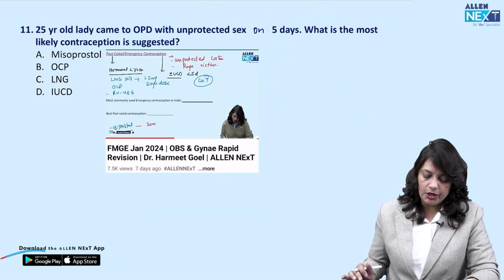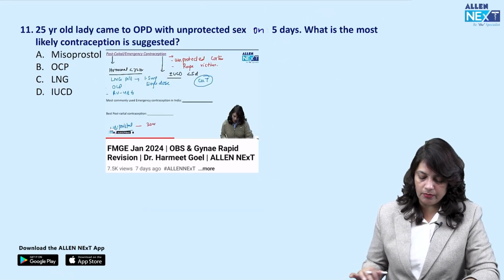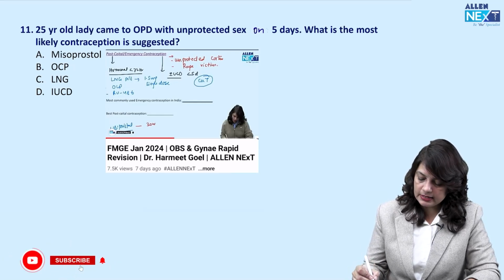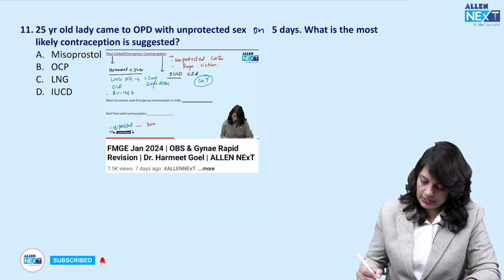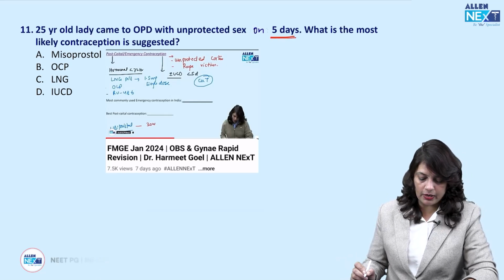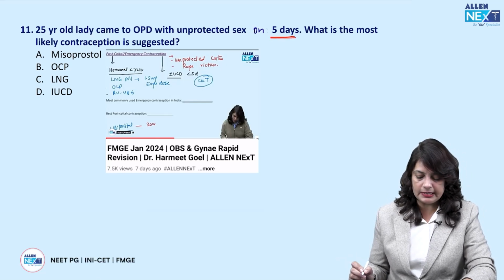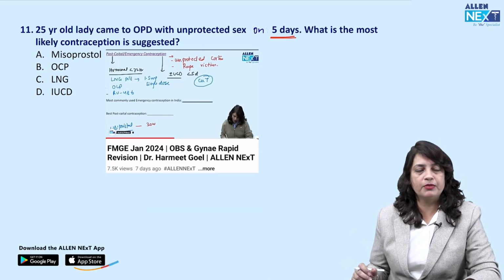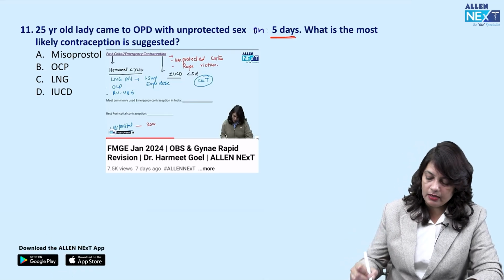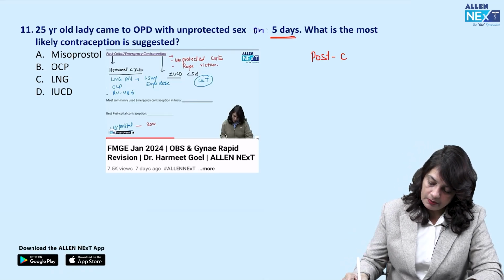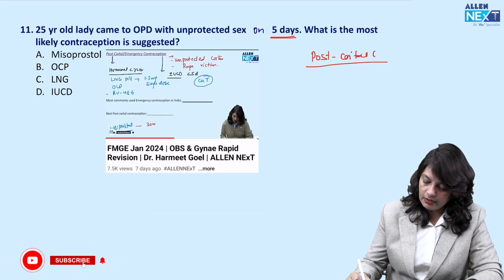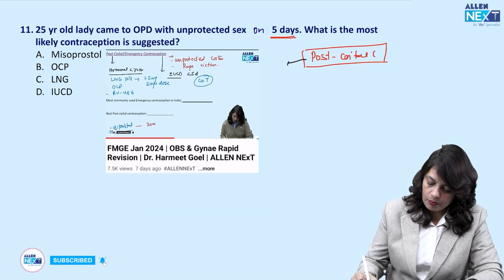Next, a 25-year-old lady came to the OPD with unprotected sex on the 5th day. She has come to you, and what is the most likely contraception suggested? If the lady comes within 72 hours, then the postcoital contraception that is given is hormonal.